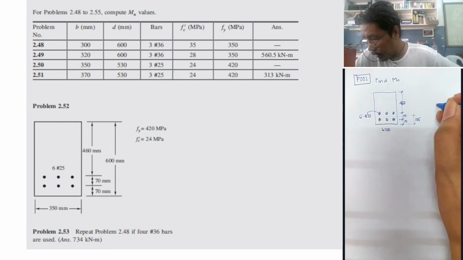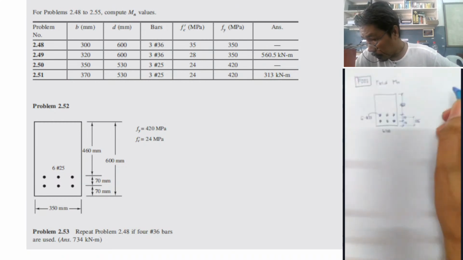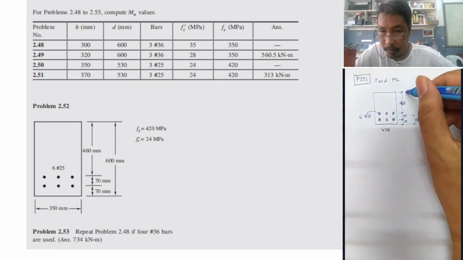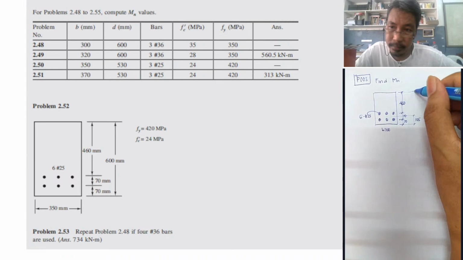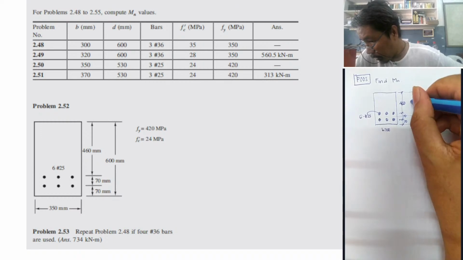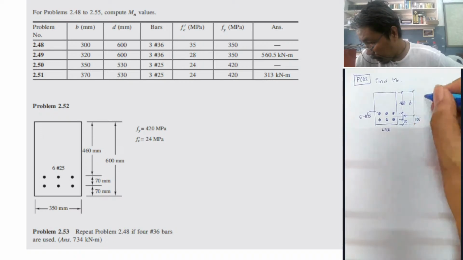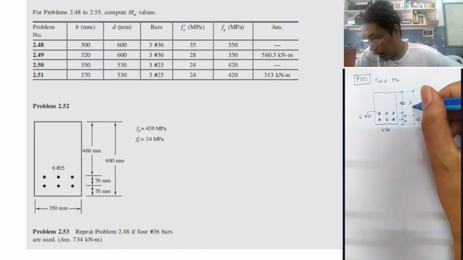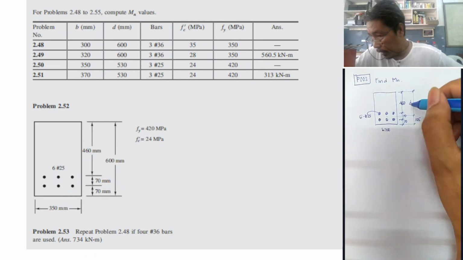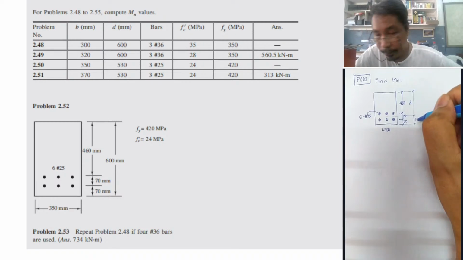The value of D is 600 minus 105. So that is 495. Okay? 495.